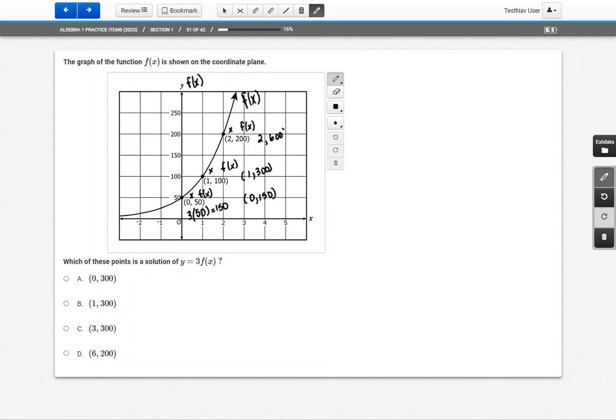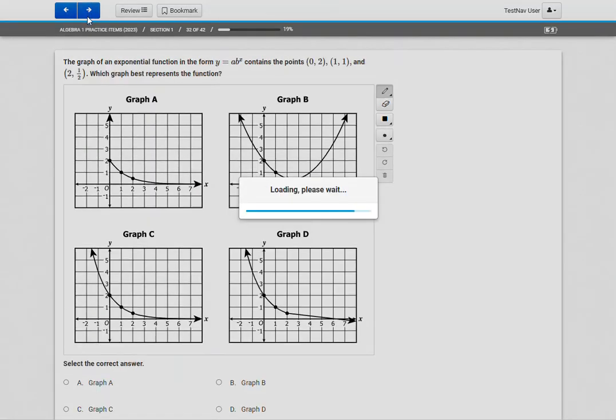So these three points are going to be on the graph of 3 times f of x. So 1 goes to 300, so that would be the one. It's a really weird question, but that's what it is. All right, let's go to the next one.